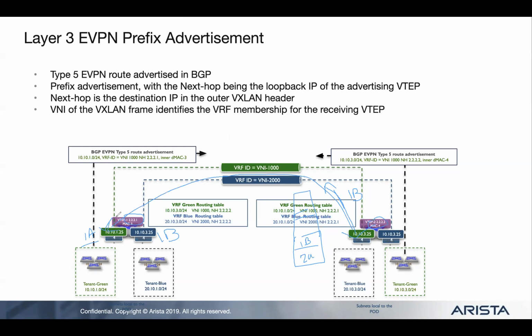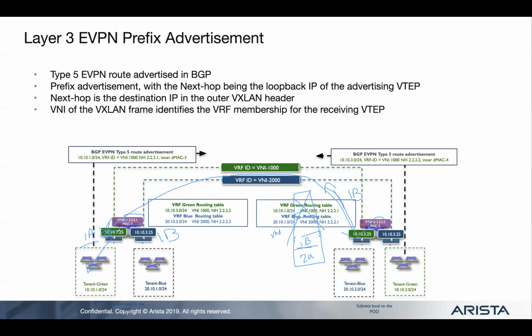1A decapsulates the packet and removes all this. It knows based on VNI that it has to route this packet into this green VRF. Now it checks the destination MAC, that is 1B. Ultimately it has to send the packet directly here, which it knows, and it can also send.